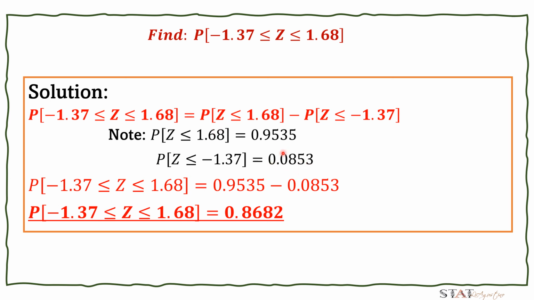Now, having these values and following the case 3 guide on finding the probabilities, the probability of the z value between negative 1.37 and 1.68 is equal to 0.9535 minus 0.0853, which is equal to 0.8682.